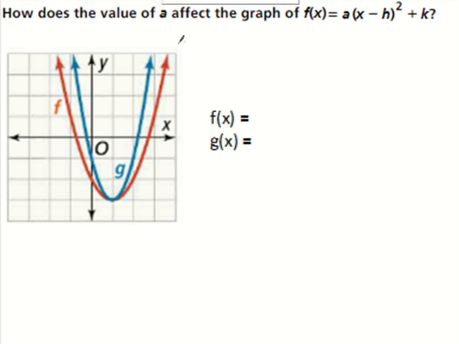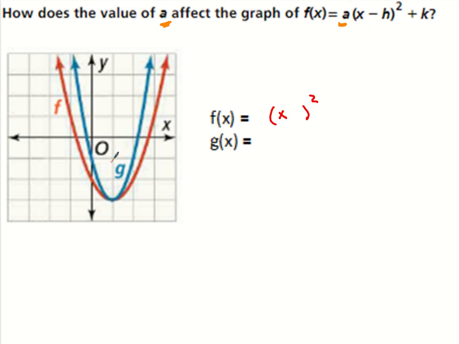Okay, so now we're going to look at how this changes and how this has an impact on the graph. Okay, so let's look at these two functions. I want you to write the equation of the red graph, which is f of x, and then we're going to write the equation of the blue graph, which is g of x. So for the red one, for f, they both have the same vertex. So the part that's going to be the same is what's on the inside and then what's on the outside.